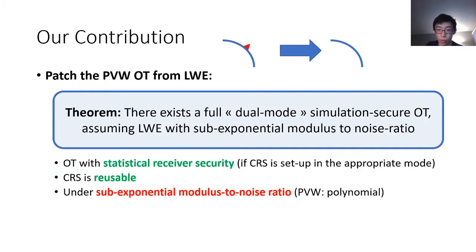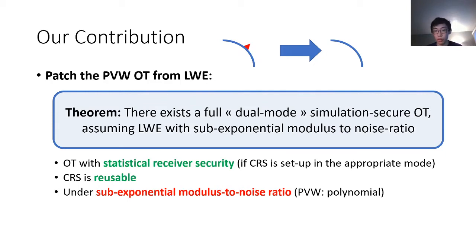So that's what we're doing in this paper. We're removing, or at least smoothing, that thorn. And we show how to build this kind of nice dual mode simulation security from LWE, to be more precise, with sub-exponential modulus-to-noise ratio. In particular, the OT we get can be instantiated in a statistically secure way.